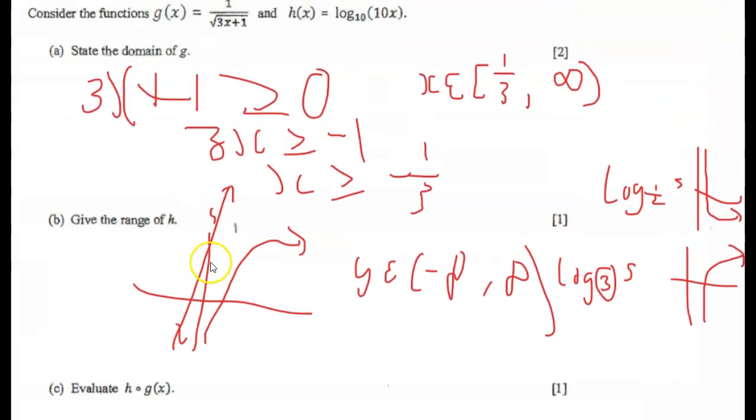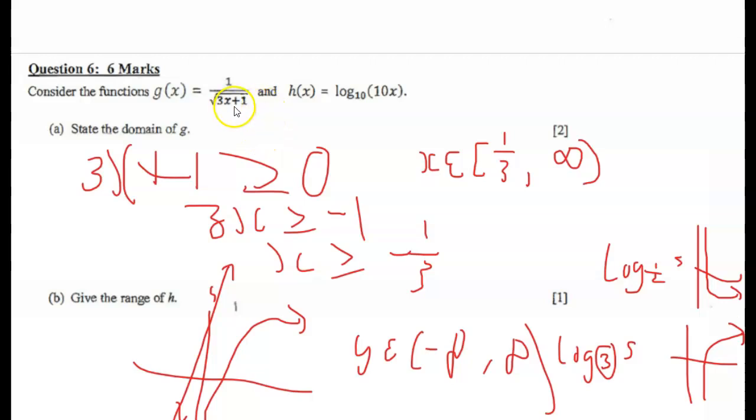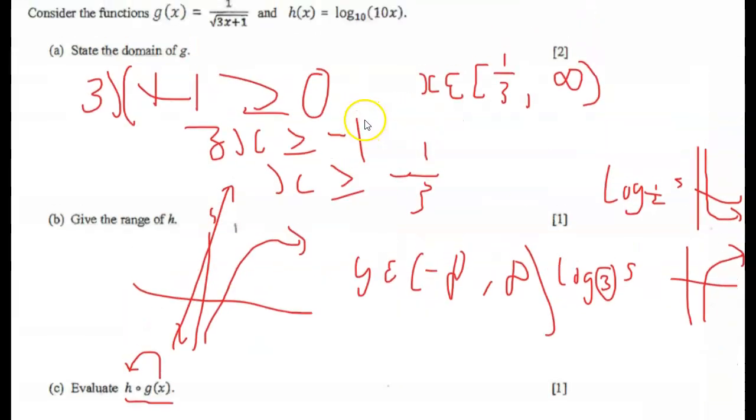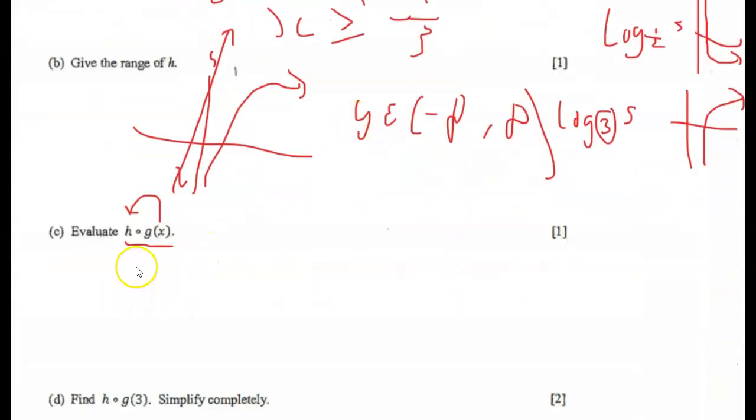Now, evaluate. This is what we call a composite function. Whatever function is after the circle, it basically means put this function into that function. So we need to put g into h. So first, let's do it one time: h of g of x. What will this equal?